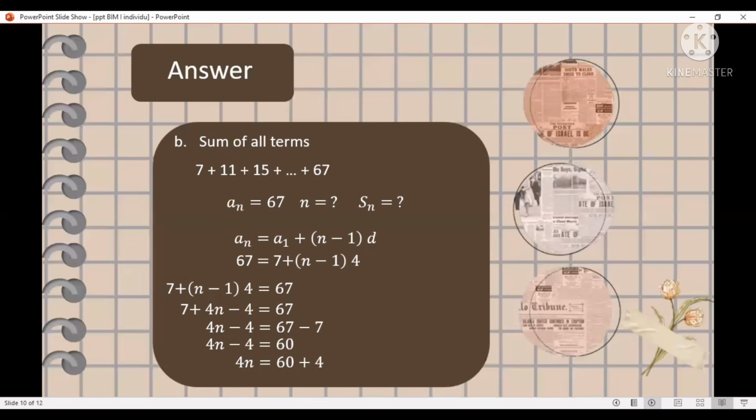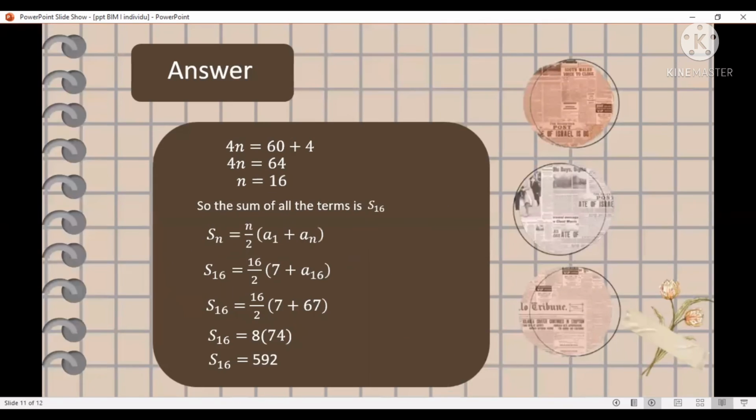Then 67 minus 7 is 60. Then negative 4 moves to the right to be positive 4. Then 60 plus 4 is 64. Then 64 divided by 4 is 16. So n is 16. So it turned out that 67 is the 16th term.